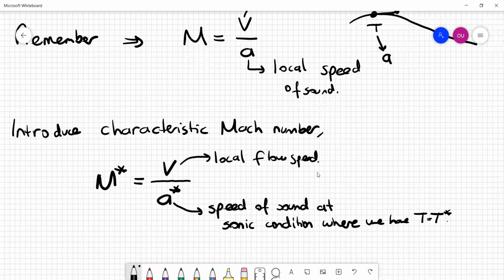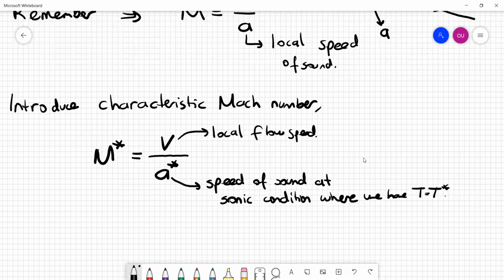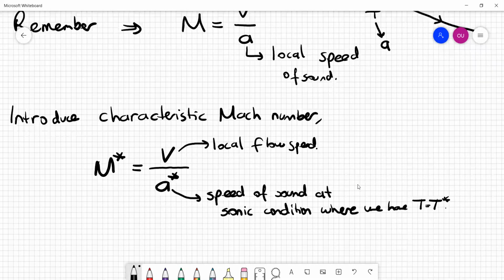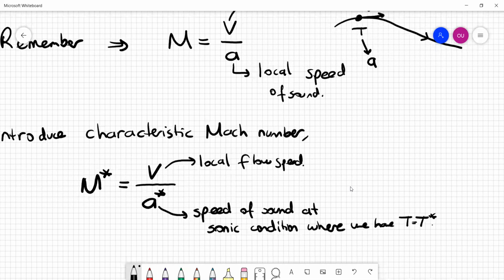But this definition generally confuses students a lot, so don't get confused. First of all, it is the ratio of the local speed to the speed of sound at sonic conditions. It's not with respect to the local speed of sound.